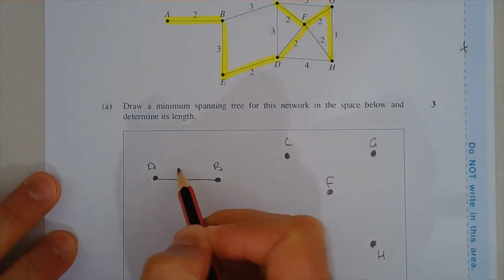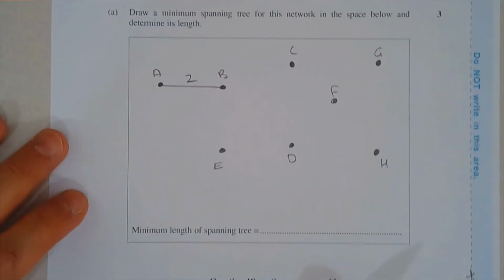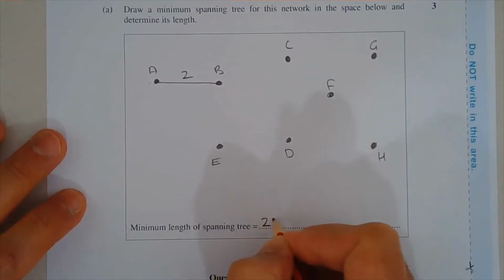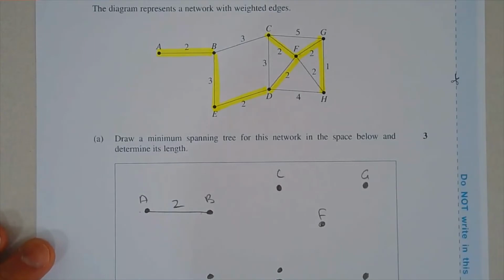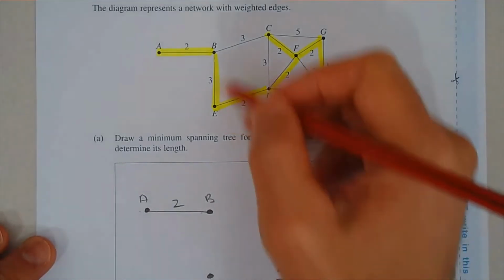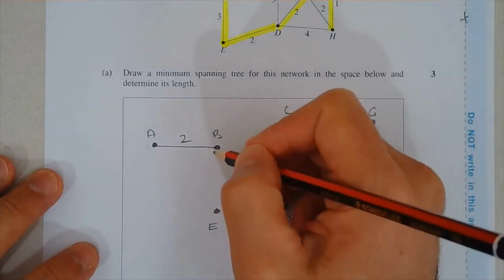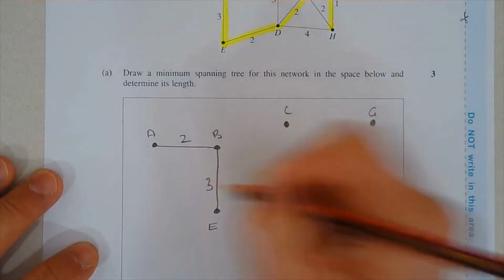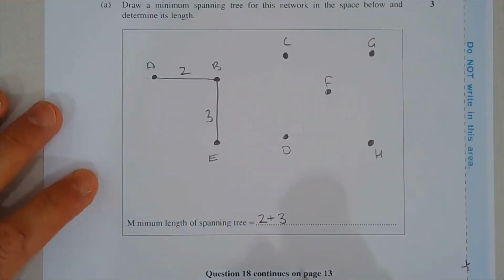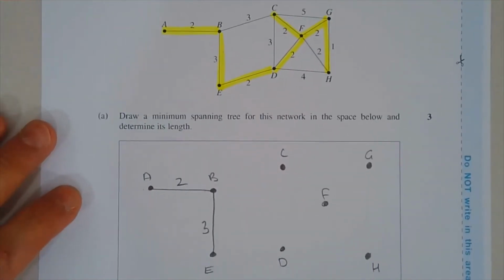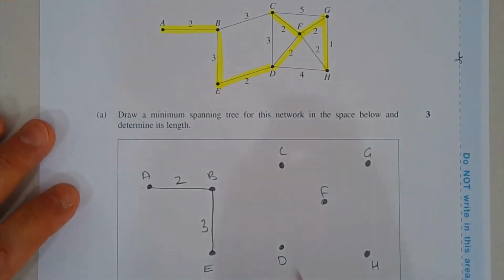So AB, that's 2. I'm going to keep a running tally, writing down the weights of these edges, and then add them up at the end. We have BE, that's 3, plus 3. We have ED, that's 2.